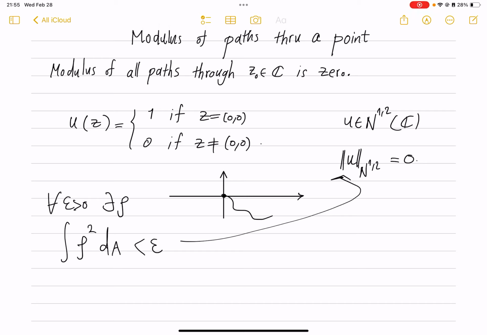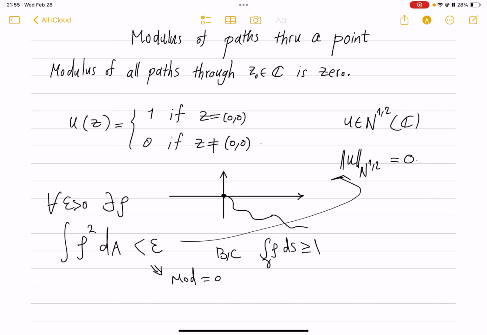The reason this is proving that the modulus of this family is 0 is that if rho is an upper gradient, by following the definitions, integrating rho along any of these paths that hit the origin has to give us at least 1 by definition of upper gradient.